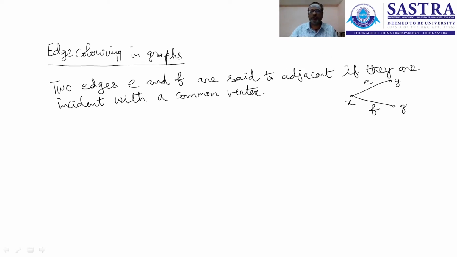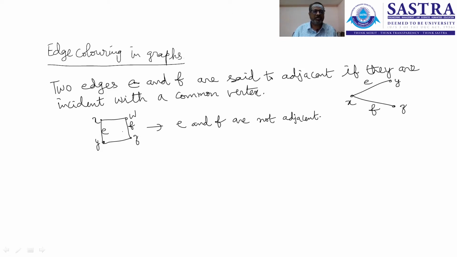For example, we name the vertices as X, Y, Z, W, and I call this edge E and this edge F. For this graph, E and F are not adjacent because E and F are not incident with a common vertex. So in this case, we say that E and F are non-adjacent. You have to remember this.